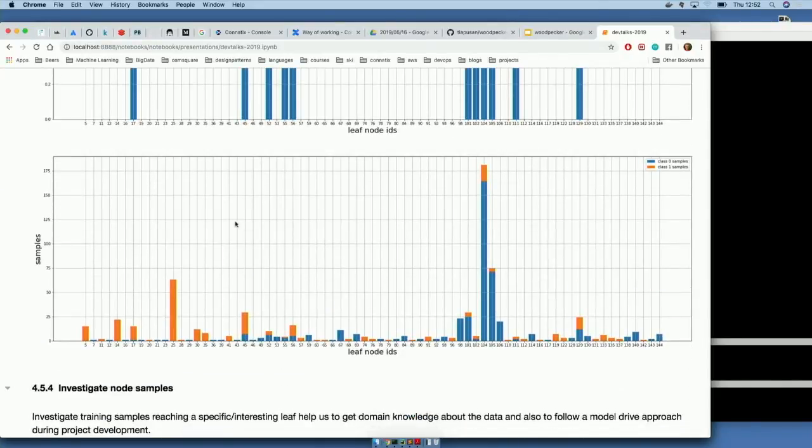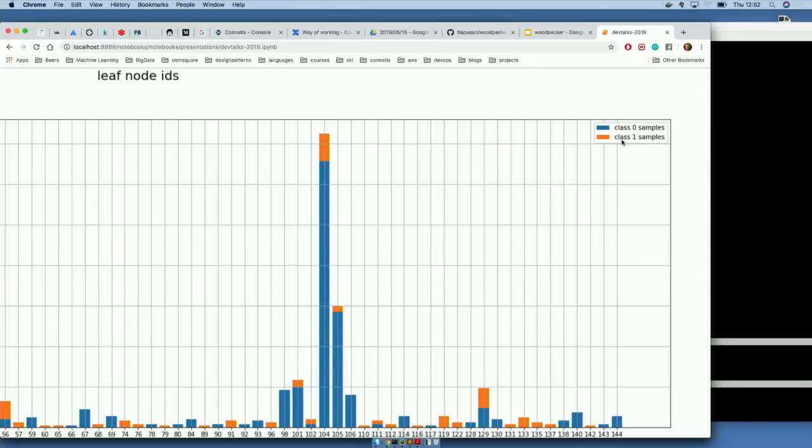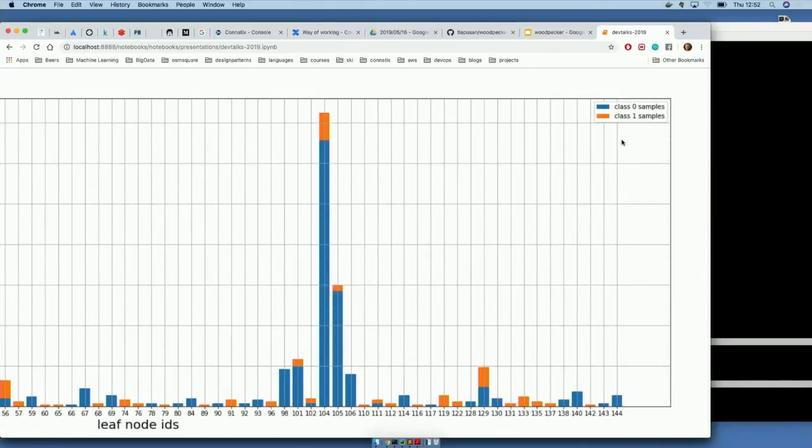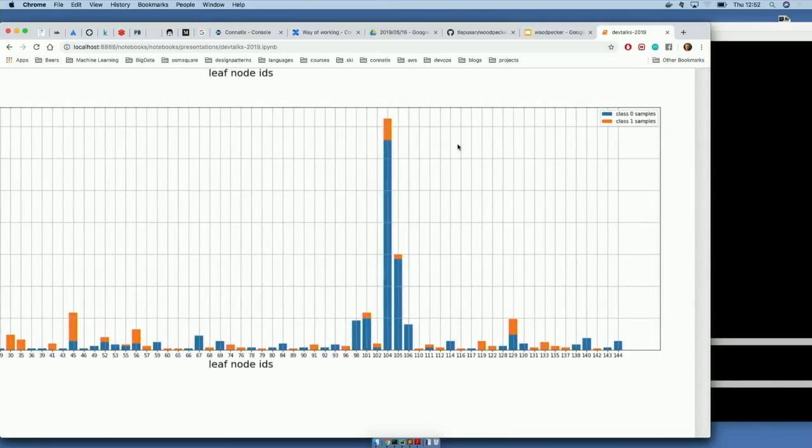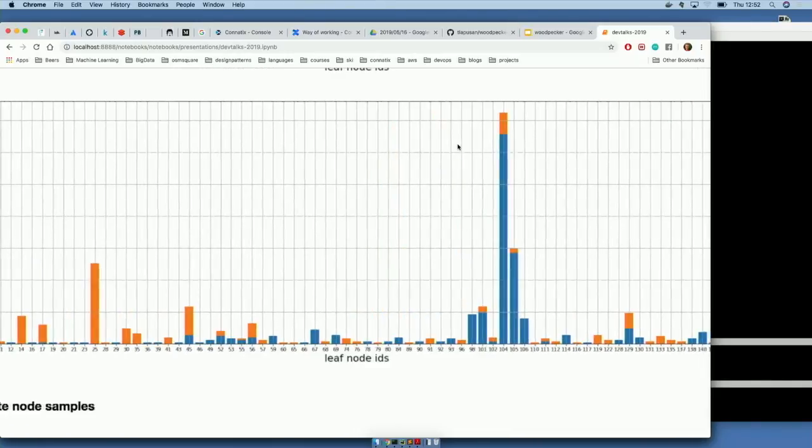But this one is a really interesting one. We can see here on the X axis we have again the leaf node ID, and on the Y axis we have the number of samples. And by color, the blue color represents class 0, and the orange color represents class 1, which means survived.